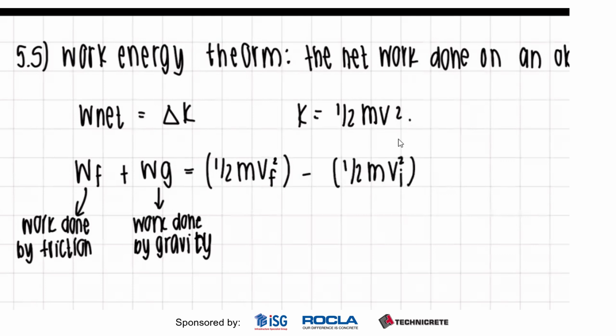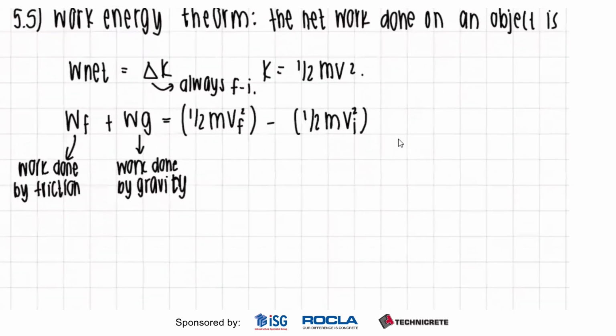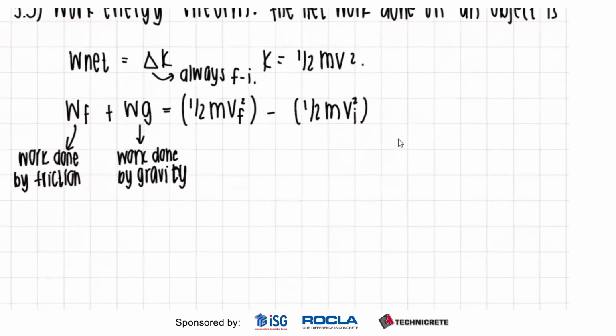So half of the mass times the final velocity squared minus half of the mass times the initial velocity squared. Change in something is always the final minus initial. Okay, so now we have our formula that we are going to use. We write this out better.